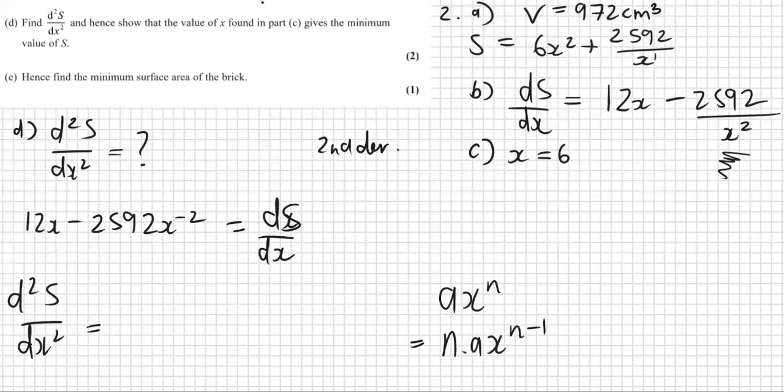Okay, so 12x, 1 times 12 is 12. x to the power of 1 minus 1 is x to the power of 0, which is just 1. So it's 12. And then we have minus 2 times minus 2592, which is plus 2592. x to the power of minus 2 minus 1 is x to the power of minus 3.